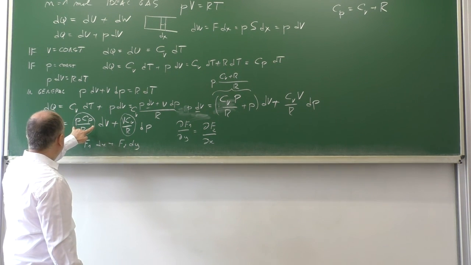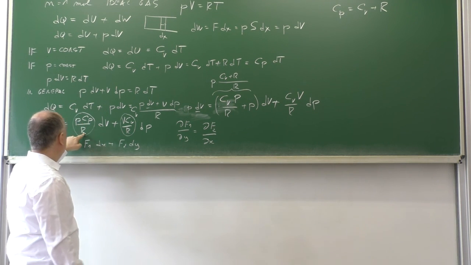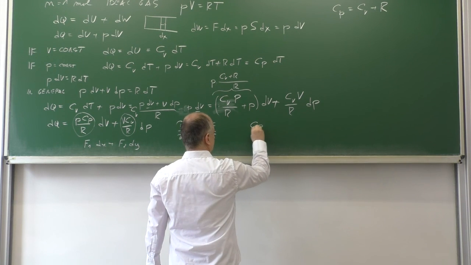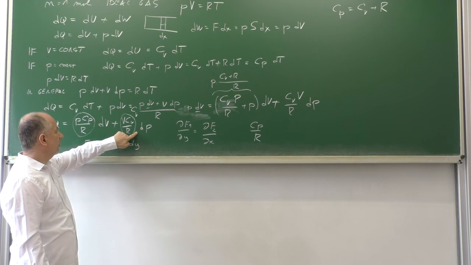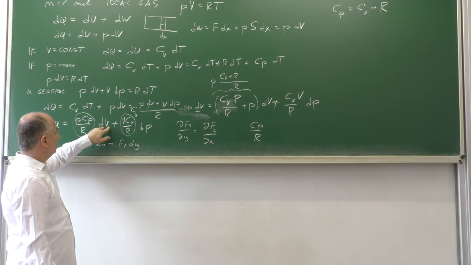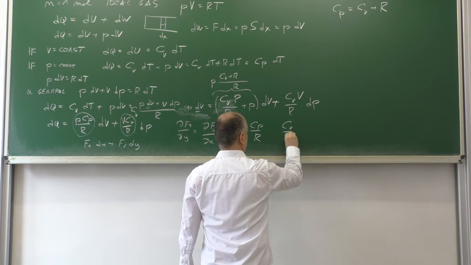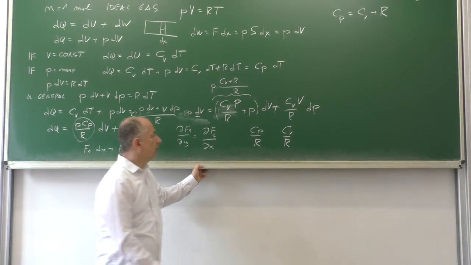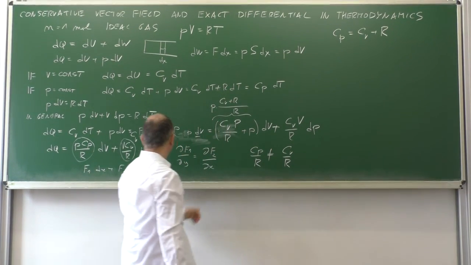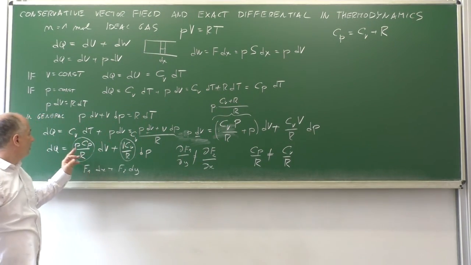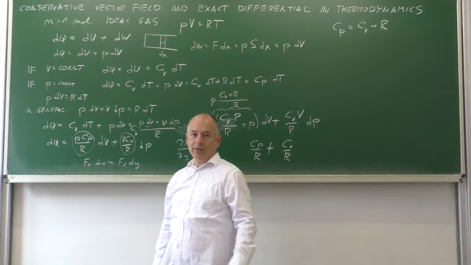So let's take the first component and differentiate with respect to the second variable, which gives Cp divided by R. And the partial derivative of the second component of the vector field with respect to V is Cv divided by R. But they are different because Cp and Cv differ by some positive constant. So this is not true. So this expression as a differential form is not an exact differential.